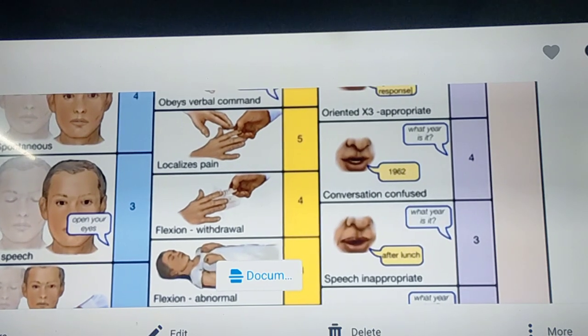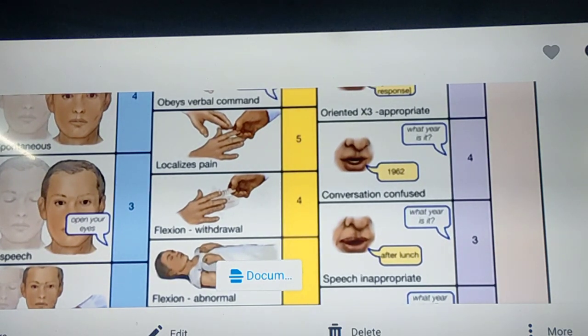Okay, and suppose the patient is mentally retarded or mentally challenged or a psychiatric patient, this is also a very big challenge in assessing the verbal response. Okay, and also when we are checking the GCS, we have to make sure if the patient has been given paralytic agents or is sedated or in a postictal stage.